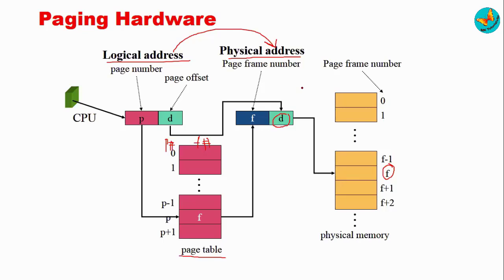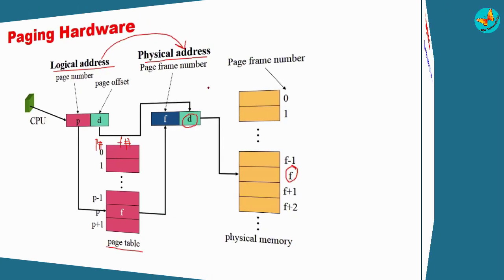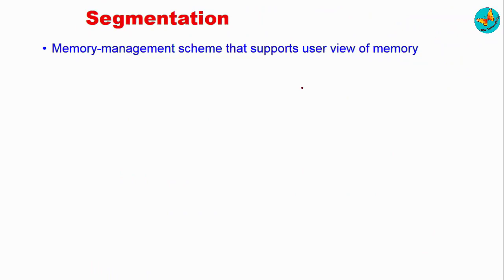Similar to paging, there is another technique called segmentation. Segmentation is also a memory management scheme, but it supports the user view of the memory. We'll see shortly why I'm saying this.